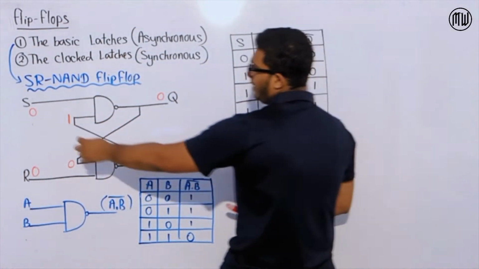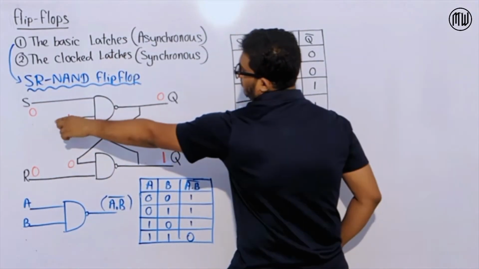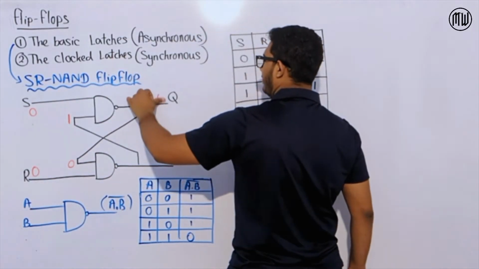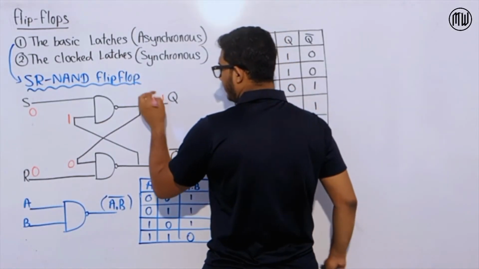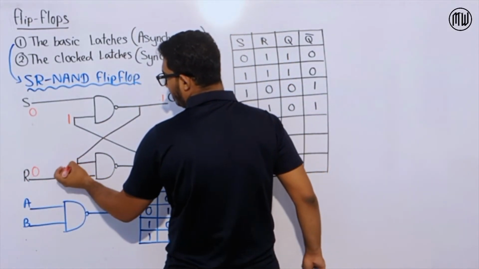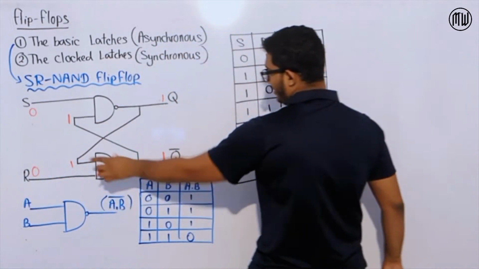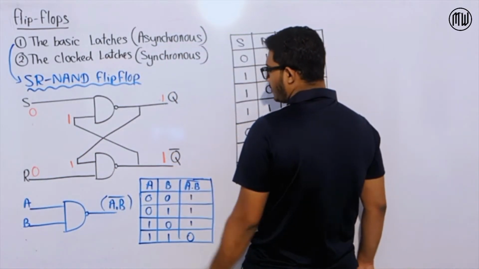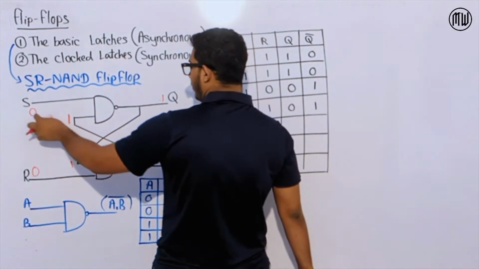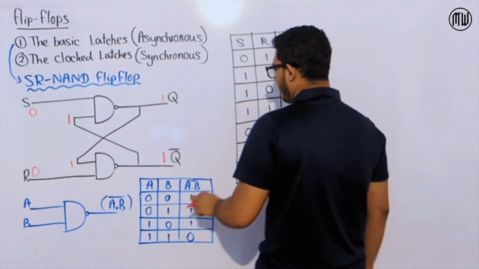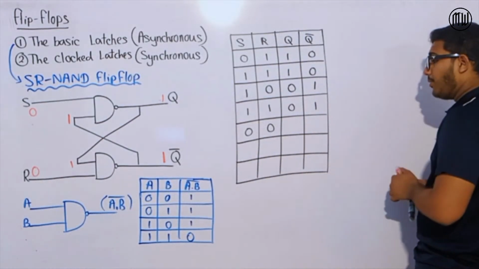Because of this 0, Q turns into 1. That 1 moves to here. Again, because of that 0, this moves to 1 as well. This will remain as 1. Okay, and that one will go on to here, 1 1. The output is 1 1.